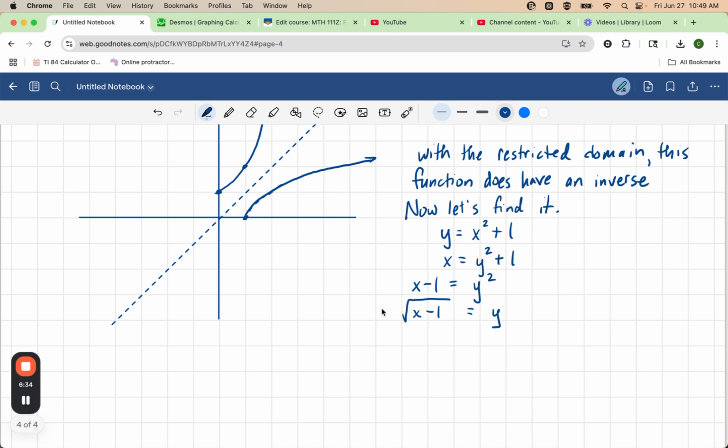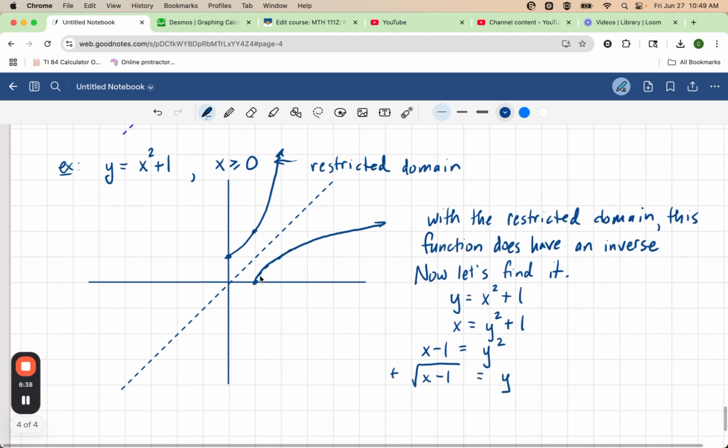This time we're only going to do the plus. If you look at the graph, the inverse function right here where my arrow is tracing along has y bigger than 0. So I have to have the positive square root. So f inverse of x is the positive square root of x minus 1.